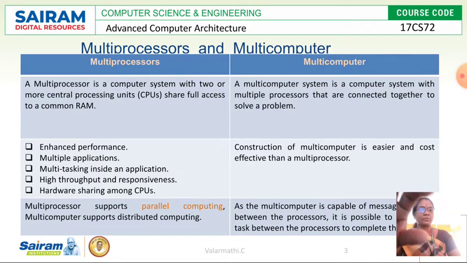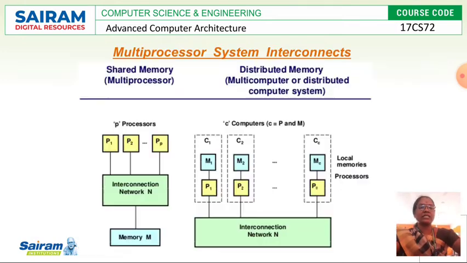So multiprocessors are used in parallel computations and multicomputers are used in distributed computing. I hope you understand the meaning of multicomputer and multiprocessor.